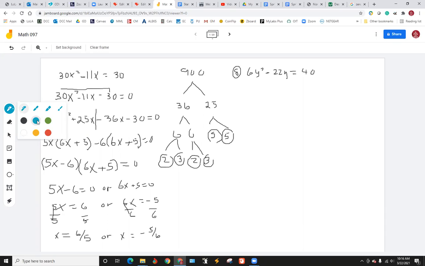You still kind of have to use the long method here, or do your trial and error, but it's going to be a lot easier once you take out the greatest common factor.